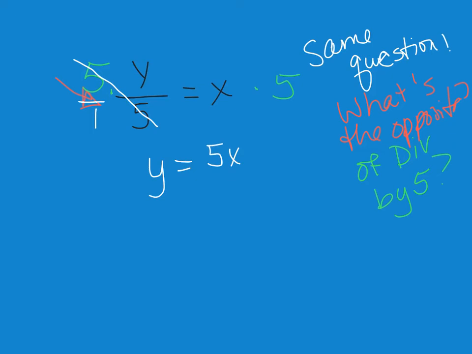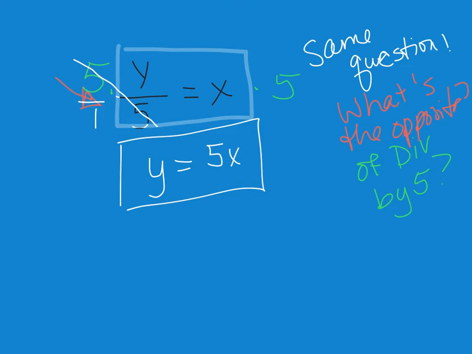Sorry, I said that backwards, but I wrote it correctly. So y equals 5x is the exact same thing as our original y divided by 5 equals x. So again, we've got these two, and they are exactly the same.